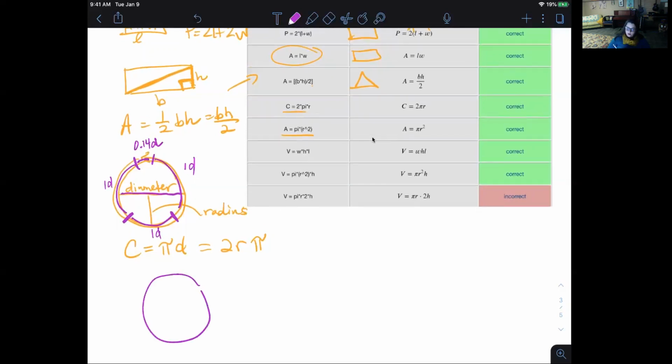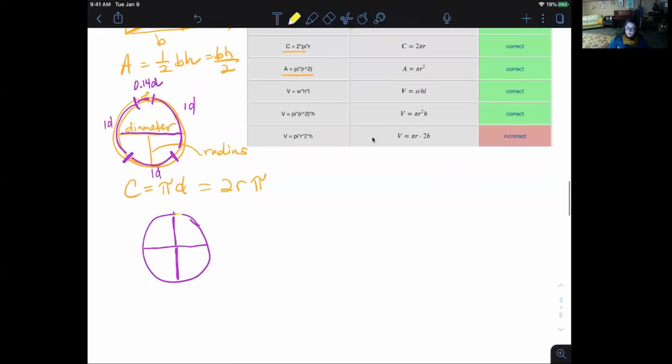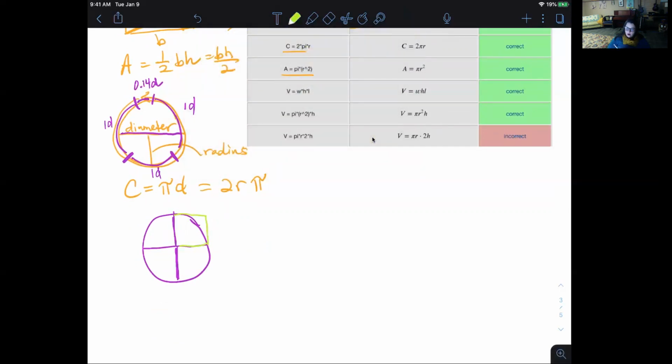Okay, and so then for the area of a circle, here's our circle, we take the radius. There's the diameter, which goes all the way across. The radius is half of that. And we're going to take pi, which remember is approximately 3.14. What's interesting to notice is if I took the radius squared, right here is a radius squared. This is a radius squared, and here's a radius squared.